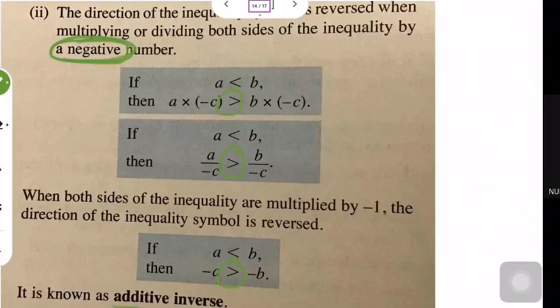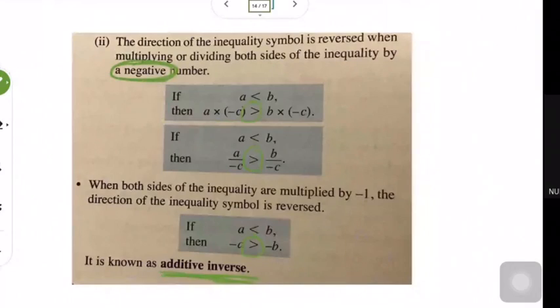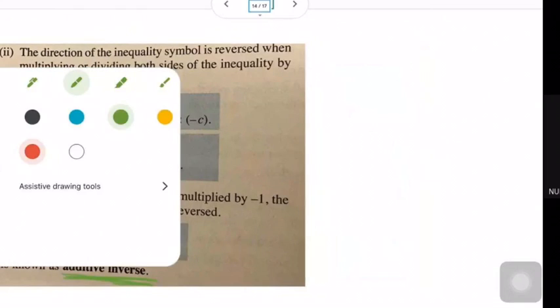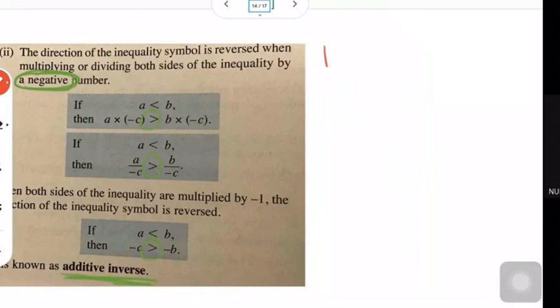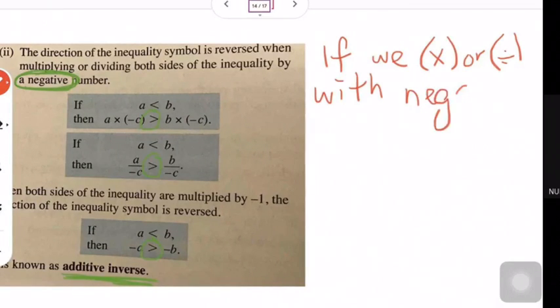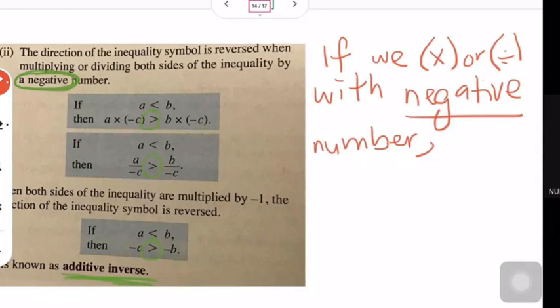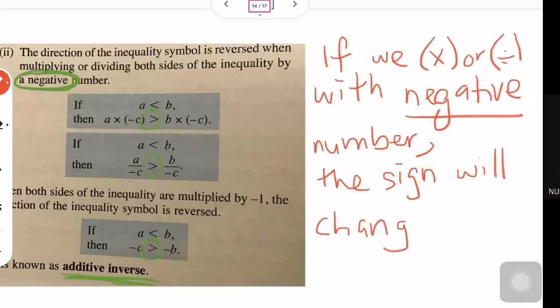Tak ingat perkataan ni tak apa, tapi yang you kena ingat ialah the rules that if we multiply or divide with negative, the sign changes in the sense that kalau greater than, dia jadi less than. Kalau less than, dia akan jadi greater than.